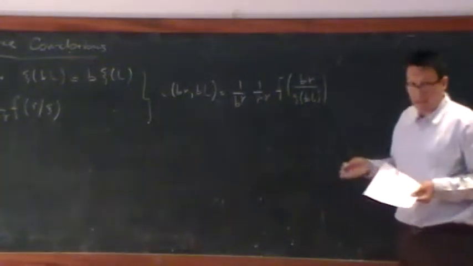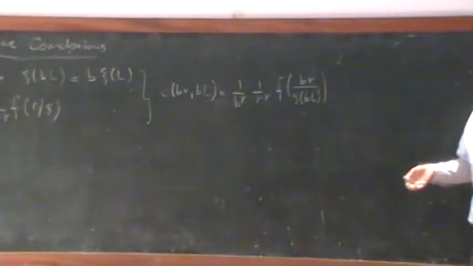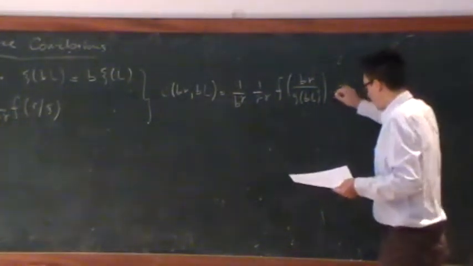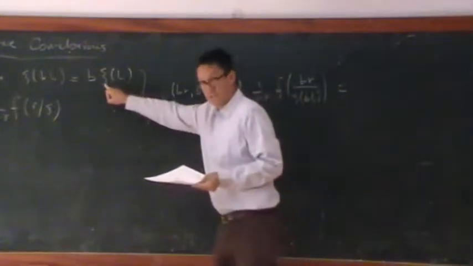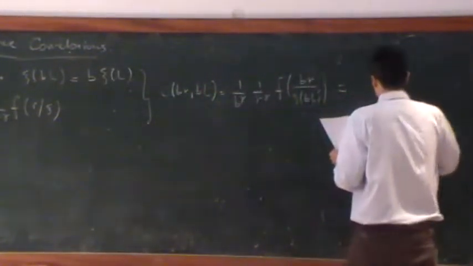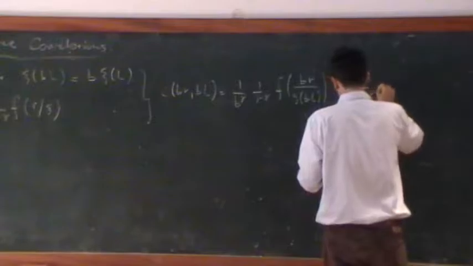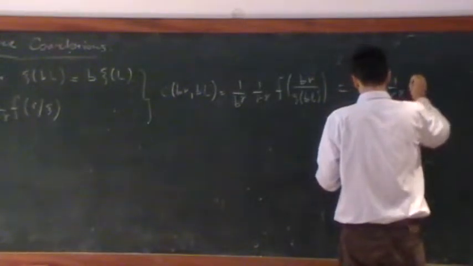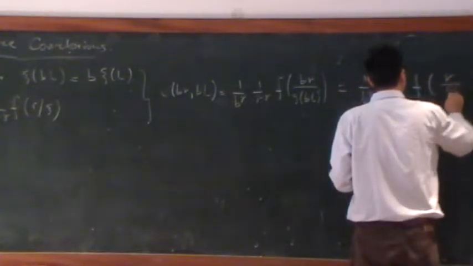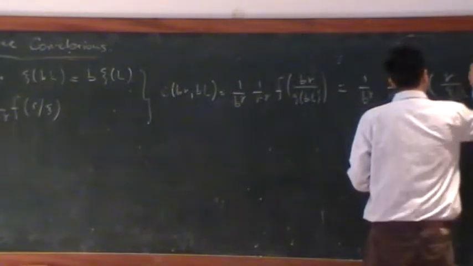I multiply R and L by a factor B. But then now here I use this relationship. Okay, so what you get is 1 over B to the gamma, 1 over R to the gamma, F of R over psi of L.